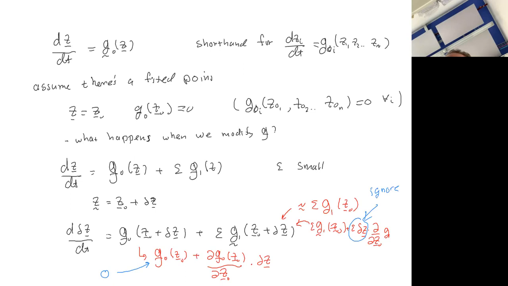Okay, so I'm going to rewrite that in vector notation. So we've thrown away the tau. We just have d delta Z dt equals the partial of G naught with respect to Z naught dot delta Z plus epsilon G1 of Z naught.